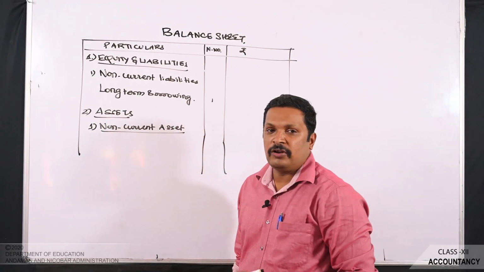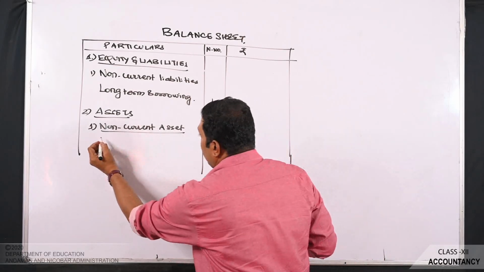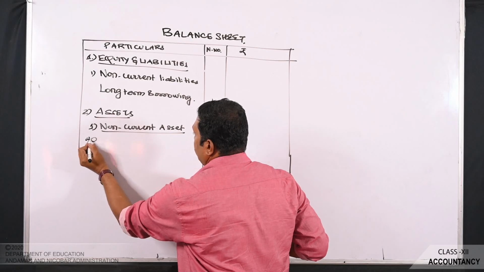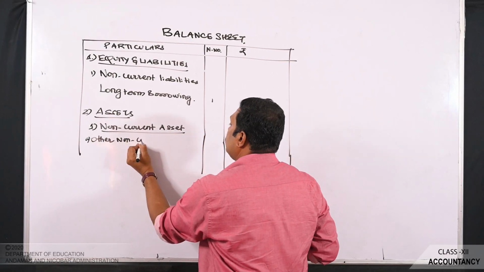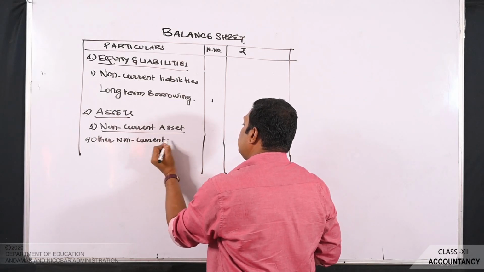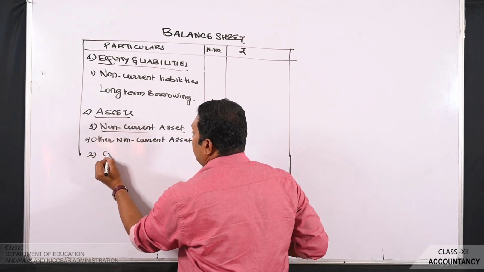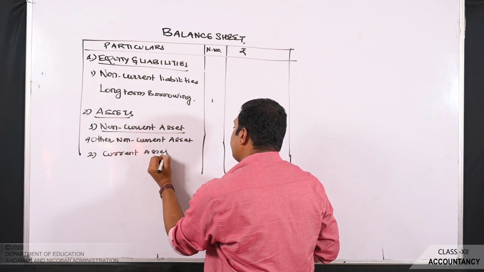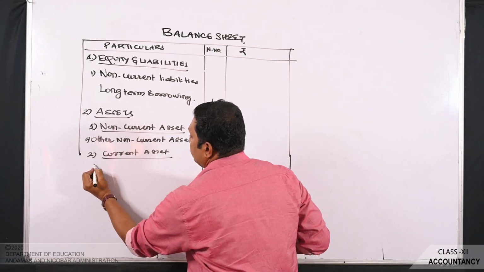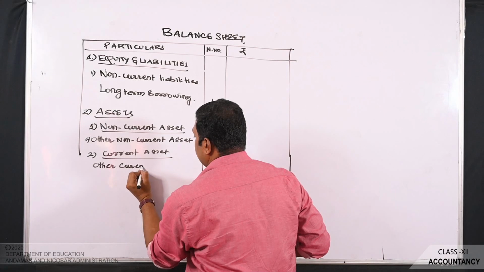Under non-current assets, there may be lots of items, but as far as this problem is concerned, we may have other non-current assets. After that, there may be current assets. Under current assets, there may be one item, that is other current assets.